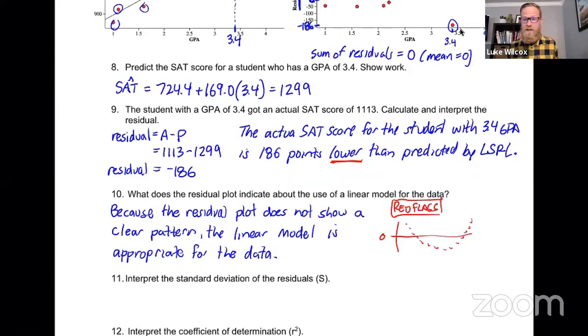You see the smiley face there? That is an indication to you that whatever model you chose that created that residual plot is not a good model for the data. Similarly, another red flag is the frown face. So listen, if you have smiley face or frown face in your residual plot, that is not a good sign to you. That is telling you that the model you've chosen is not necessarily a good model.